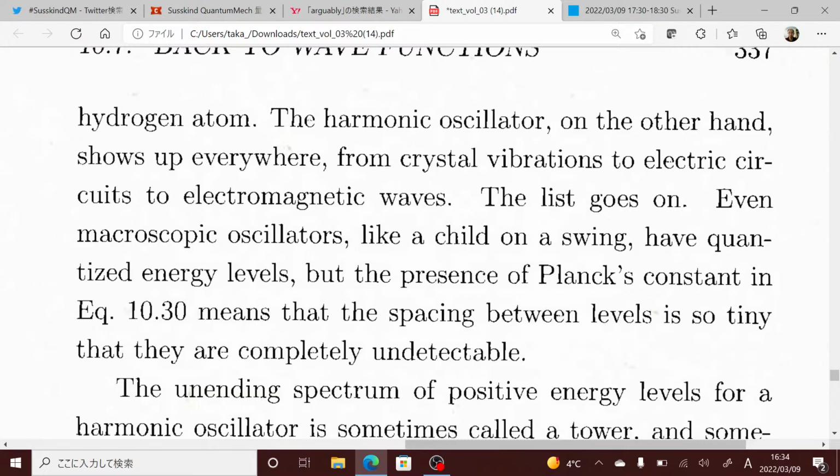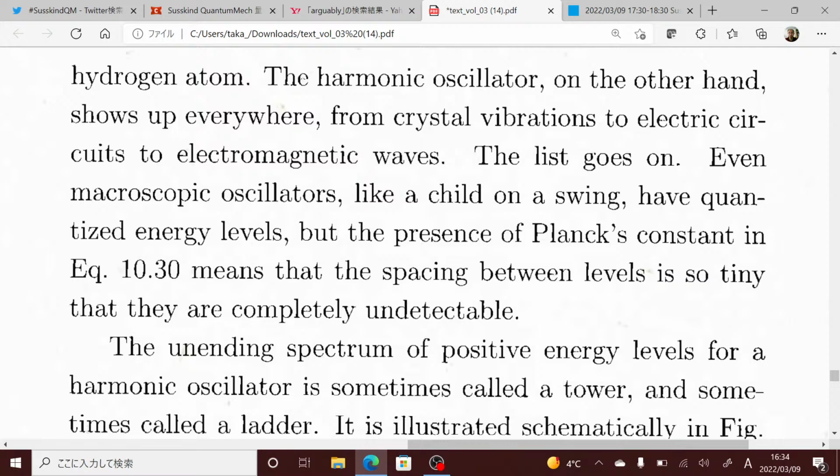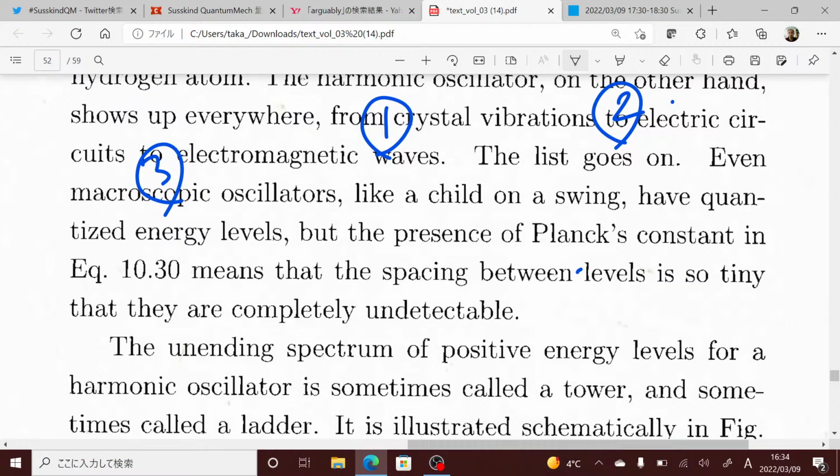The harmonic oscillator, on the other hand, shows up everywhere, from crystal vibrations to electric circuits to electromagnetic waves. Three things. The list goes on.